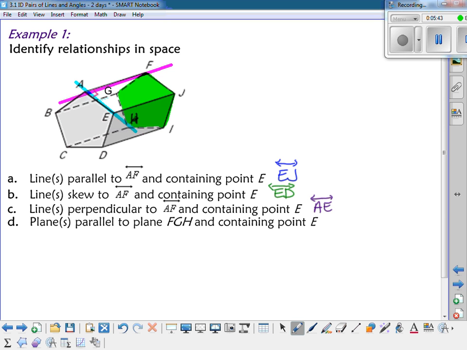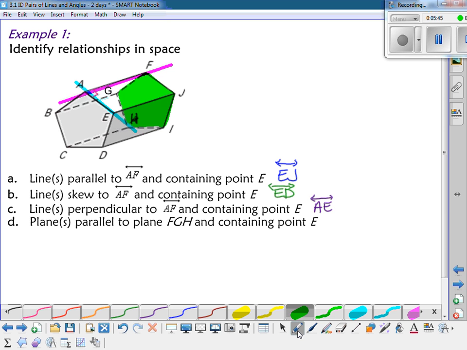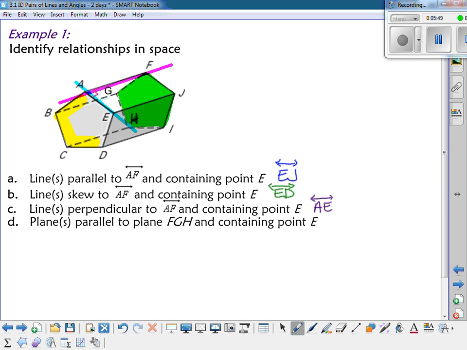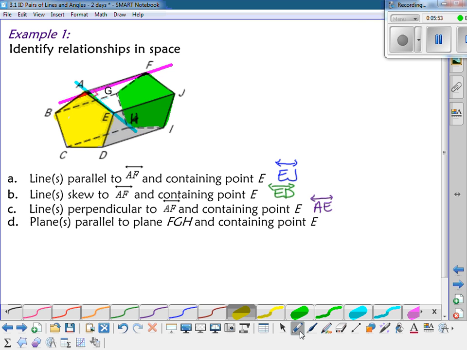And a plane that would be parallel and contains point E would be the plane here out in front. So plane ABC.